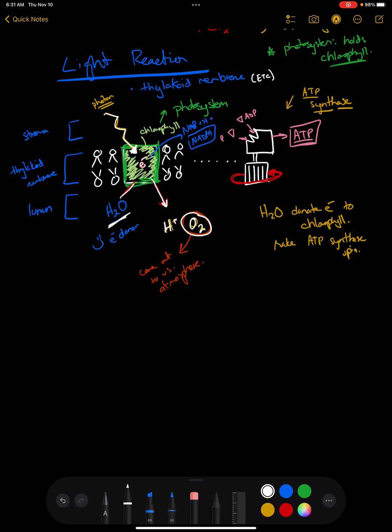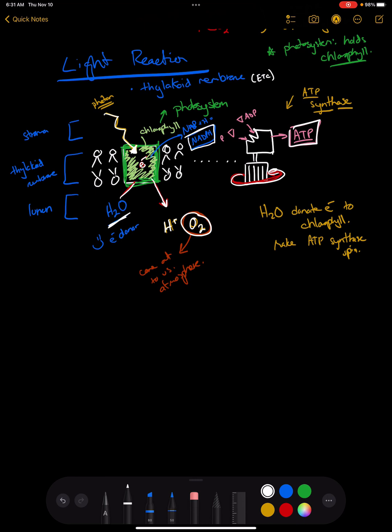And now those electrons are going to make the ATP synthase spin, which is going to give me the ATP. And then the NADPH will take that electron out, right? So my NADP will take the electron out to make NADPH. That means I get to break more water up, I get to excite it again, I get to make ATP synthase spin. Otherwise, this would be a one and done reaction. I'd get to break one water molecule, spin ATP synthase once, and then my reaction would be over.